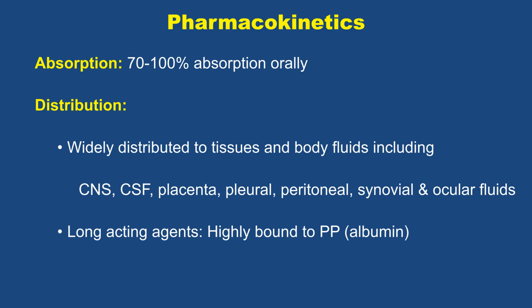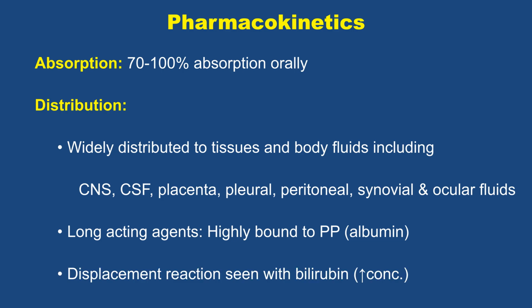Whereas shorter acting agents like sulfadiazine, which have less plasma protein binding to albumin, have a shorter half-life. They do produce drug displacement reactions with albumin. Drug displacement reactions mainly occur between two drugs that bind to the same plasma protein site.